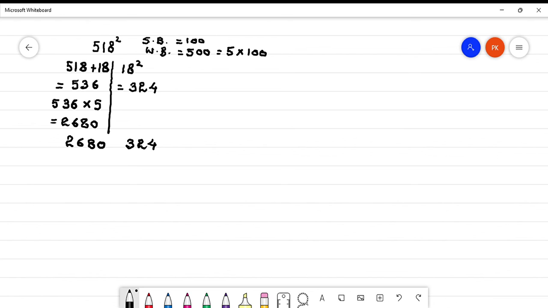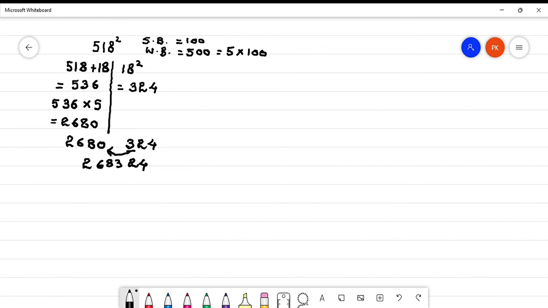Now since the standard base is 100, keep 2 digits on the right, carry forward this 3. So this will become 2683 and this 24.